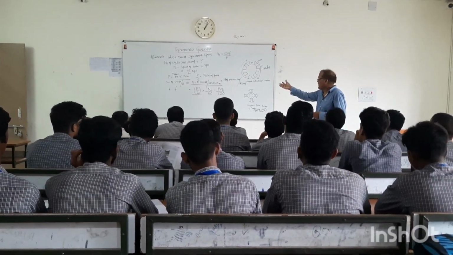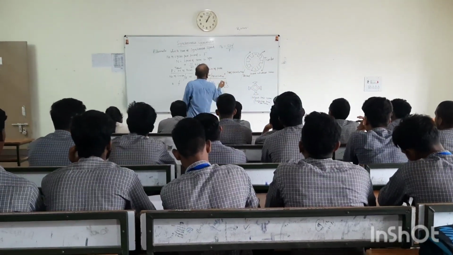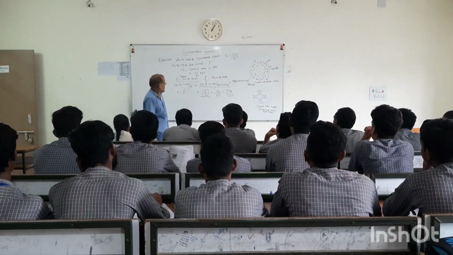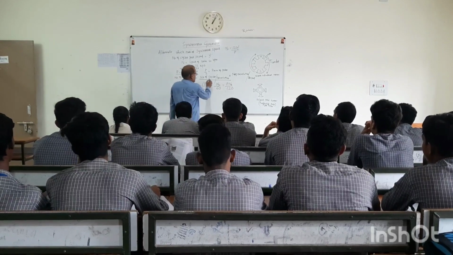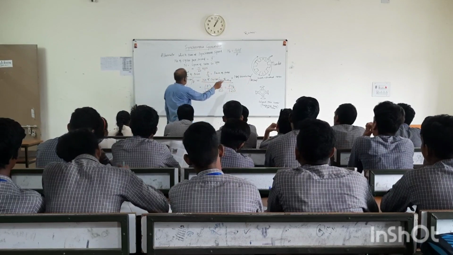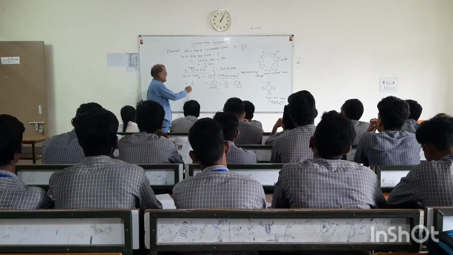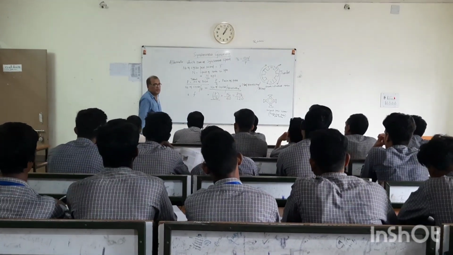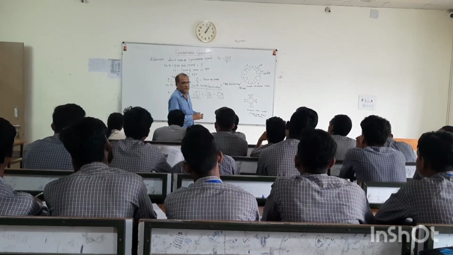I simply put this in place of Ns, that means N is equal to 120F by P. So the number of cycles per revolution into the number of revolutions per second is simply the number of cycles per second, and finally we get F is equal to P Ns by 120. So this is all about the synchronous speed.